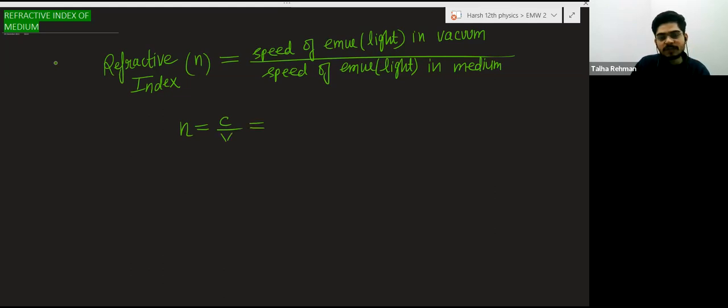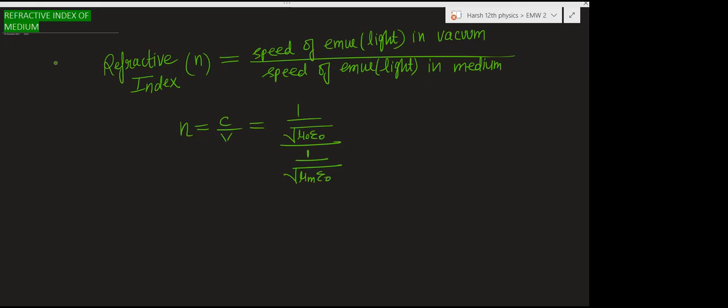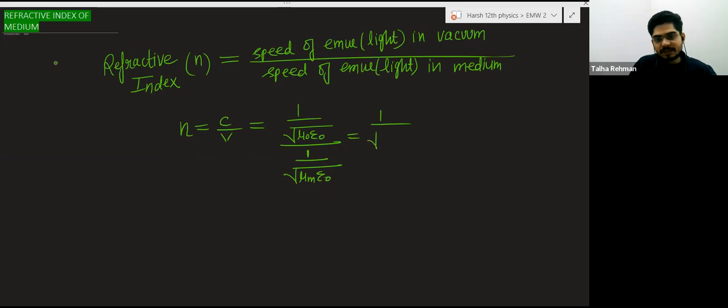Now we have formulas for c and v. What is the formula of c? 1 upon under root of mu naught into epsilon naught, and for v we have 1 upon under root of mu m into epsilon m. Now we can write it like this: 1 upon mu naught epsilon naught, divided by 1 upon mu m epsilon m.